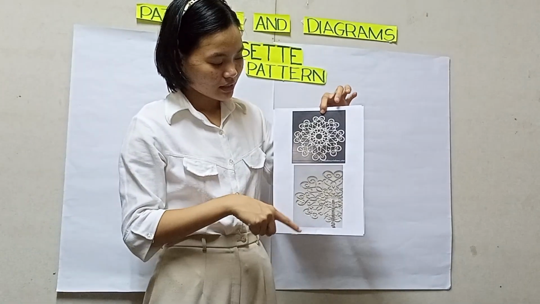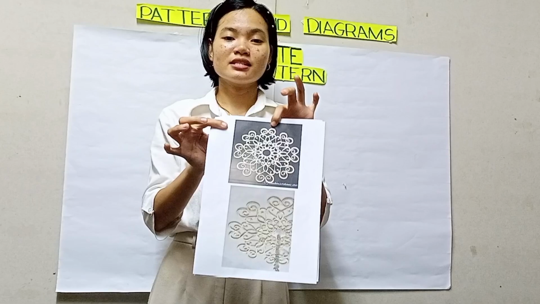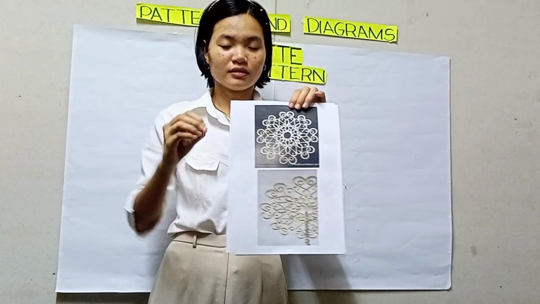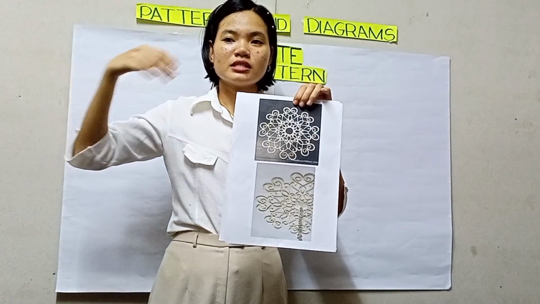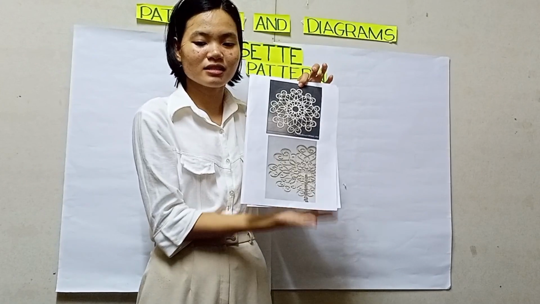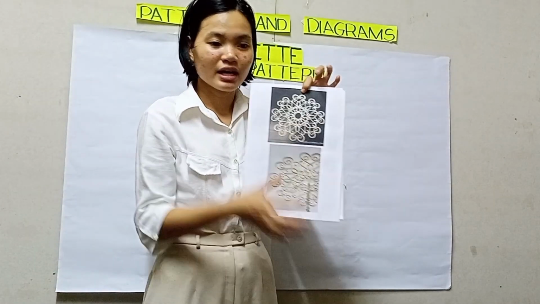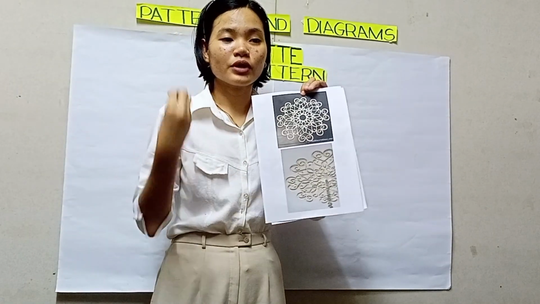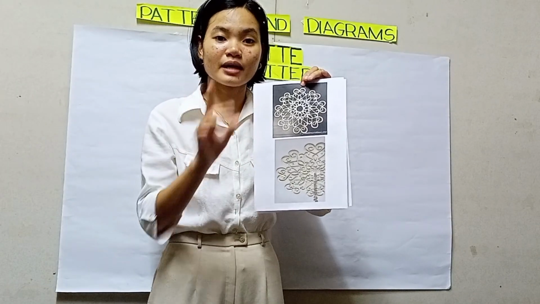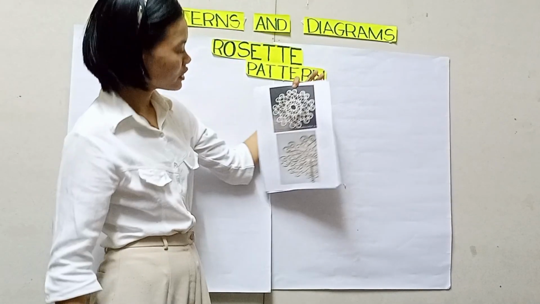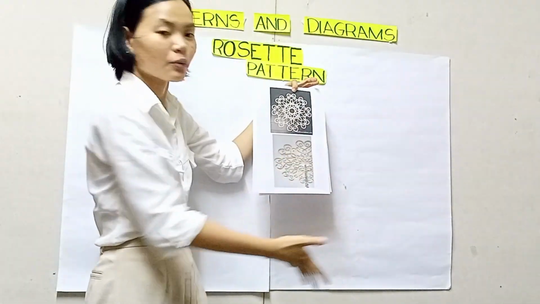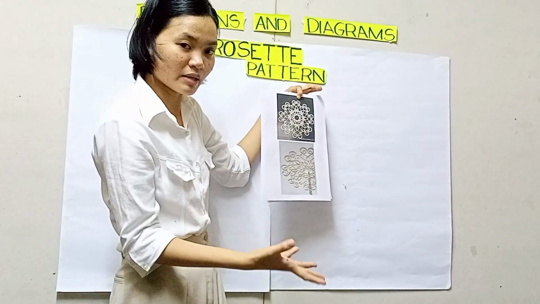Because its pattern radiates outwards in a circular or spiral arrangement. We are basically repeating those words because all of the examples that we are showcasing right now have this distinct appearance that when you observe it, it's radiating outwards in a circular or spiral arrangement.